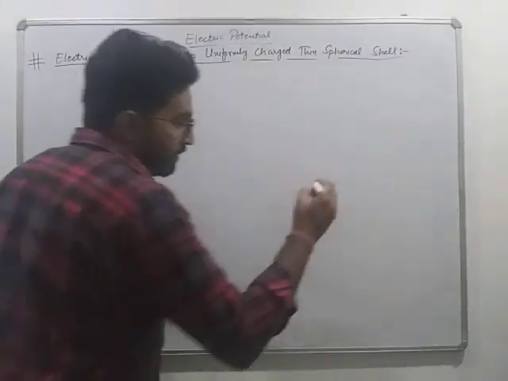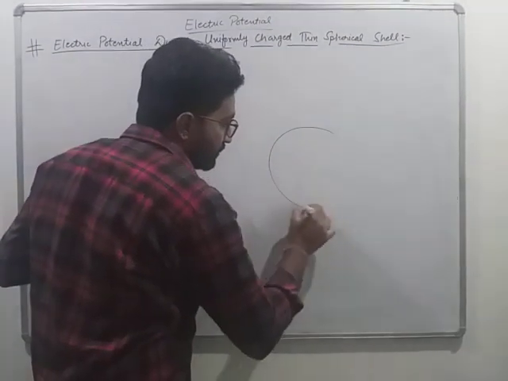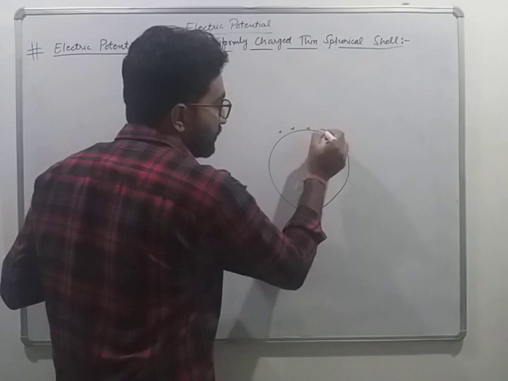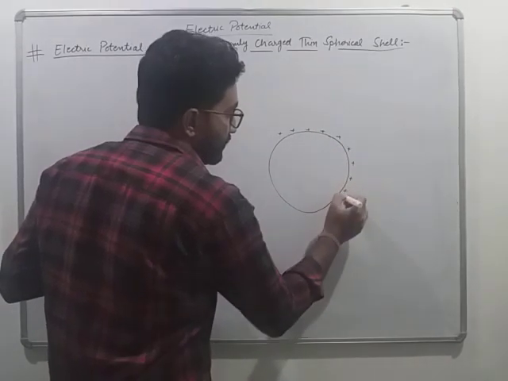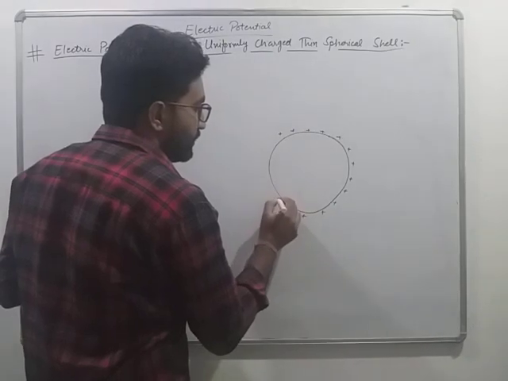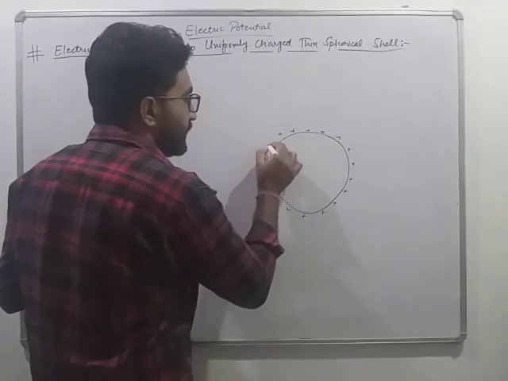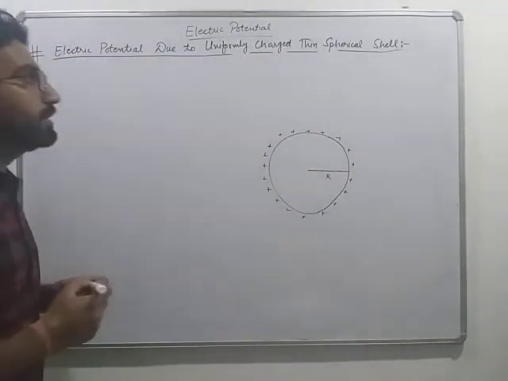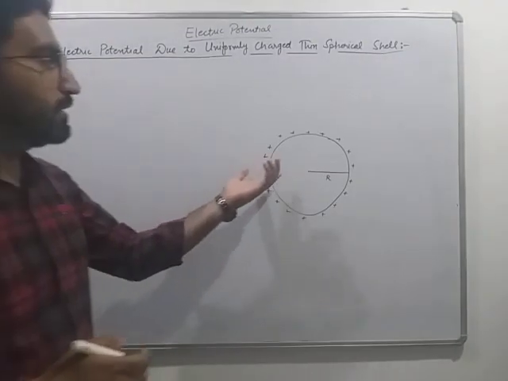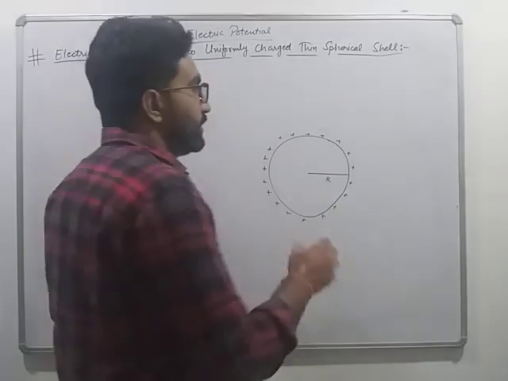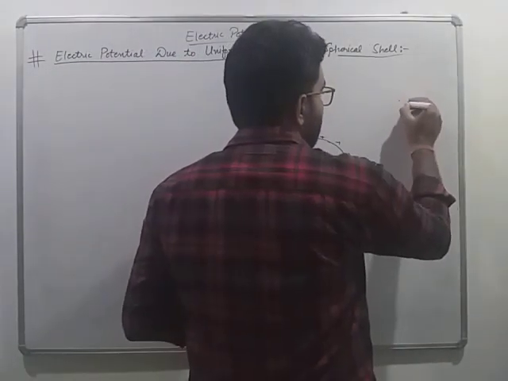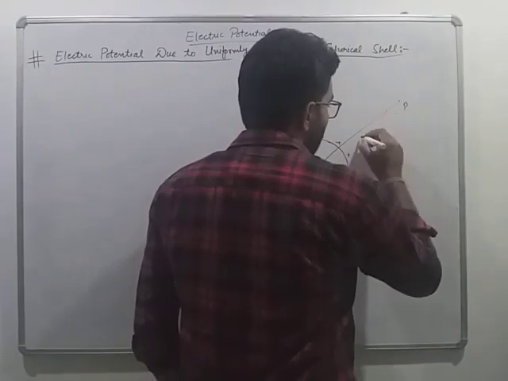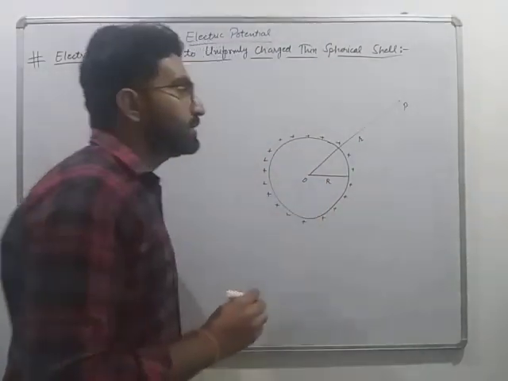Let's have a thin spherical shell which is uniformly charged, of radius capital R, and we will find the electric potential at a point P, which is outside the thin spherical shell at a distance of small r from the center O of the shell.